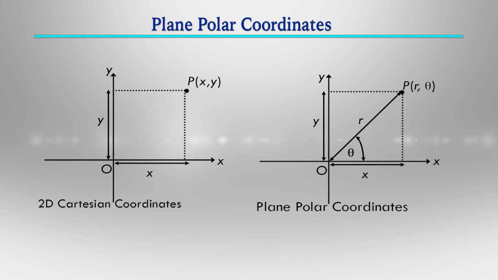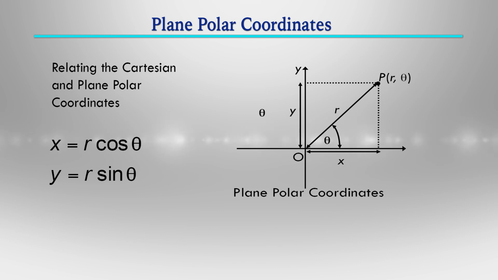So, basically now instead of using the two coordinates x and y to describe the position of the particle in the plane, I am using the coordinates r and theta. So, r is the distance of the point from the origin, theta is the angle that the line OP makes with the x-axis. So, the equivalence between the two coordinates is that x and y are replaced by r and theta. r and theta are called the plane polar coordinates of the particle or the point P.